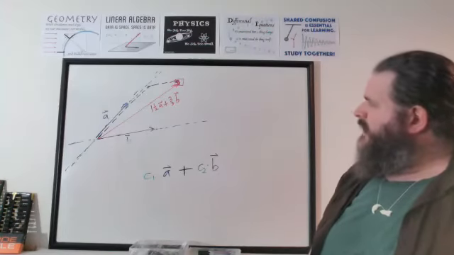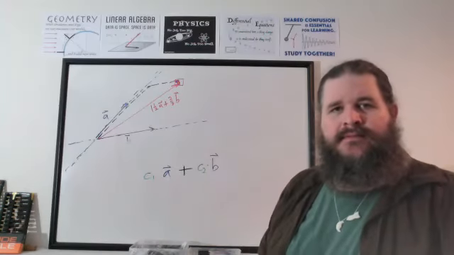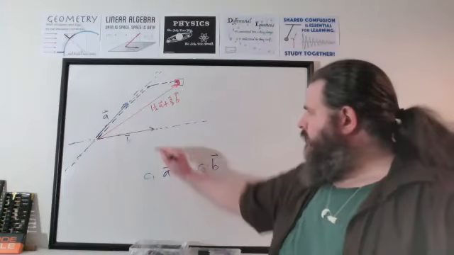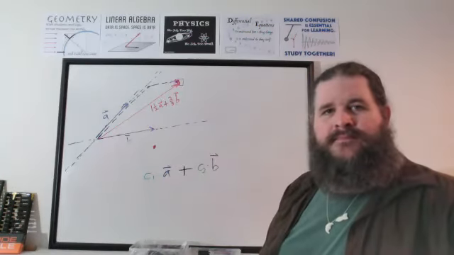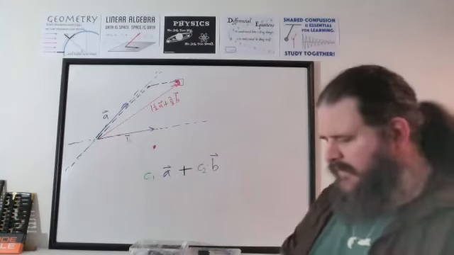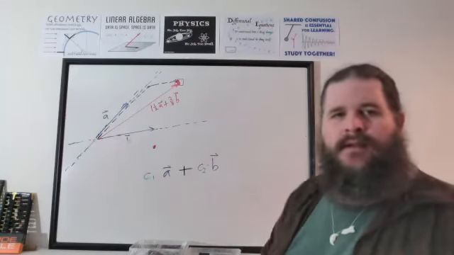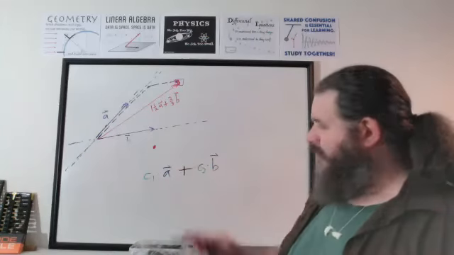So where else could we get to by linear combinations of A and B here? Like, could we get to this location, for instance? I would say yes, but you would have to use different scalars. Yeah, definitely we can use different scalars, but we're still using these same two vectors.